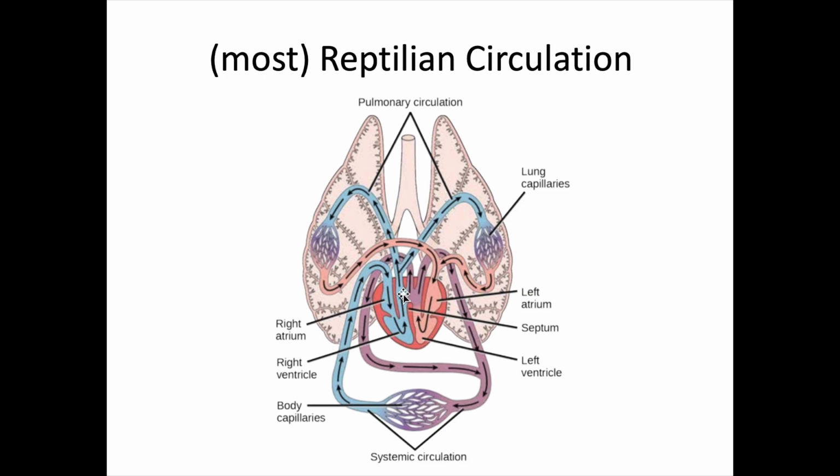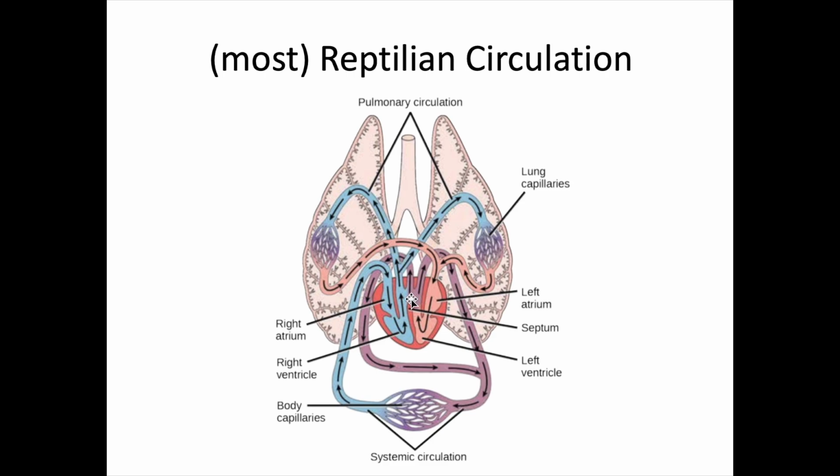Deoxygenated blood from the right side of the ventricle and oxygenated blood from the left side of the ventricle mix with one another, and that is very bad. When you mix the blood together, you end up sending oxygenated blood to the lungs, which is a complete waste of time. It already has oxygen, it doesn't need to get more.